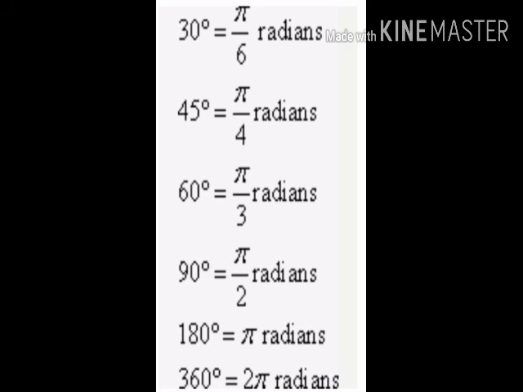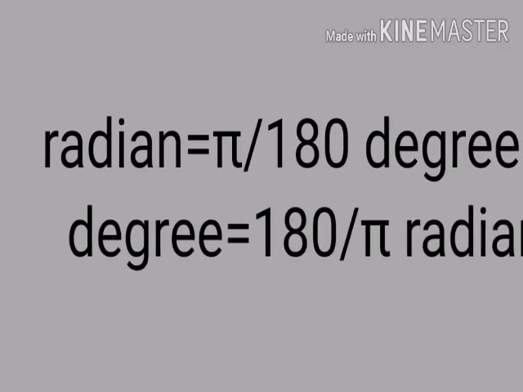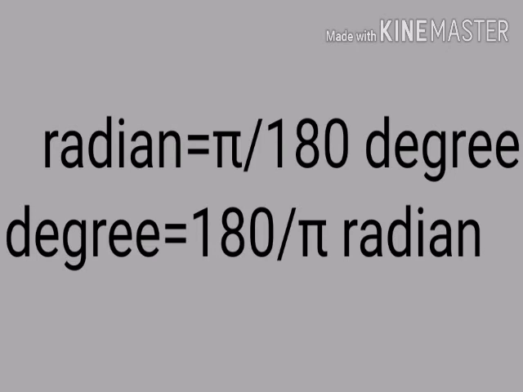Let's see how to convert any given degree measure into radian measure and radian measure into degree measure. There is a formula to convert degree measures into radian measure and radian measure into degree measure.